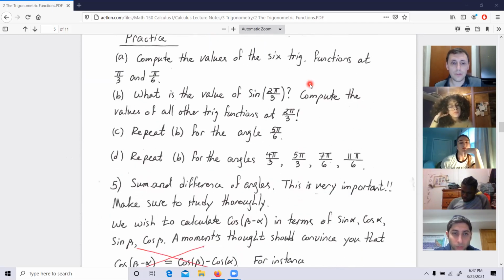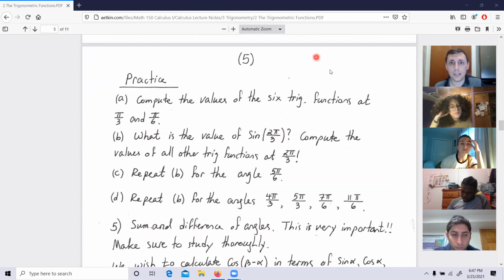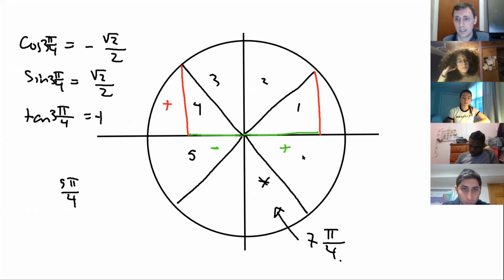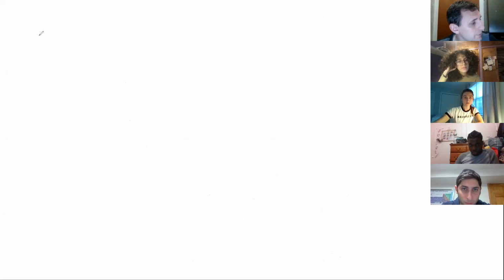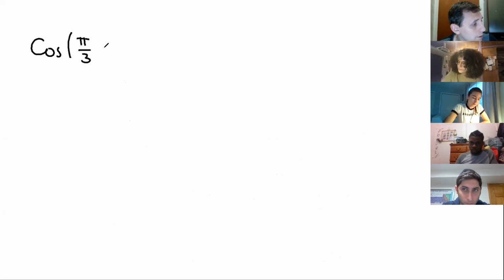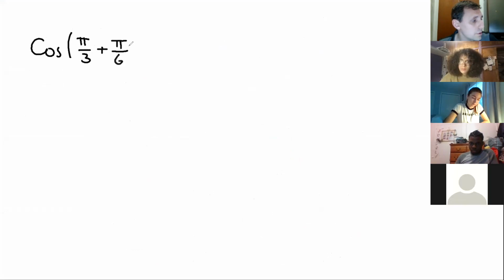Now we come to a very important part of this class, guys. How do I figure out something like this? Let's say I want to calculate cosine of pi over 3 plus pi over 6. Yes, I want to make this calculation. And now watch me carefully how I'm going to do that.